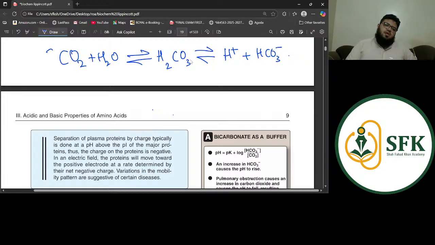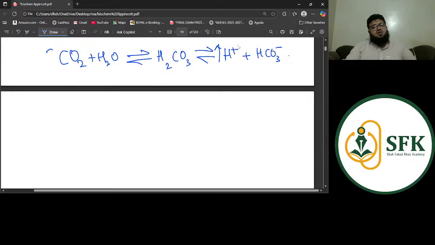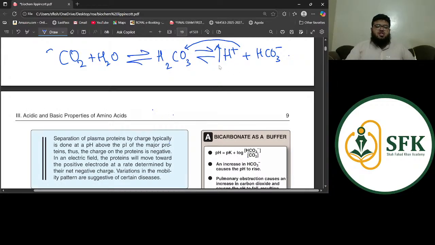Okay? Now, when the acid quantity increases, equilibrium shifts to the left hand side because it's going to get rid of all the extra H positive ions in the solution. Whereas when the acid concentration decreases and we need more H plus ions in the solution, this equilibrium shifts to the right hand side.